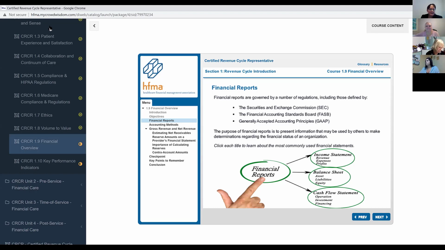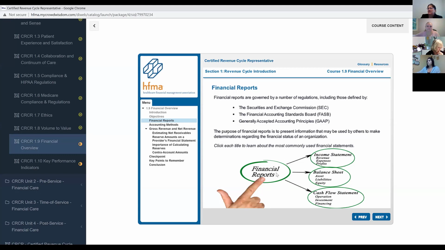SEC really doesn't impact us all that much because we are not for profit. However, some of us may have tax exempt bond offerings and things of that nature that SEC could play into, but mostly it's GAAP and FASB, which guides how we do our financial statements.